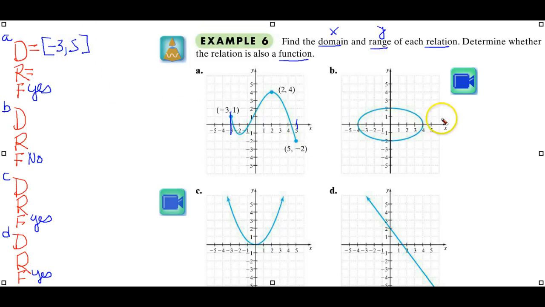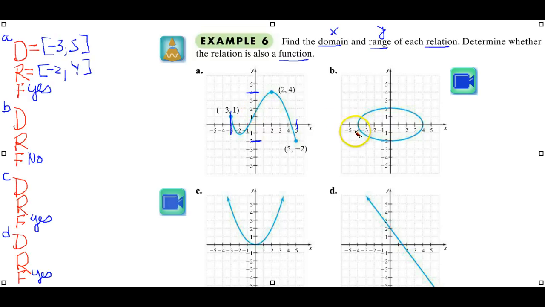Now the range we project over this way to the y-axis, so it's starting at -2 and it goes up here to 4. So rather easy once you know what you're doing.